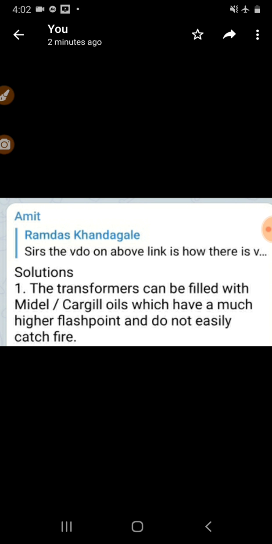The Indian Standard Specification IS 335 covers the specification of new insulating oil for transformers. Apart from this, BIS also prescribes limiting values of certain characteristics to be met by insulating oil in service, for their continued use in the equipment.